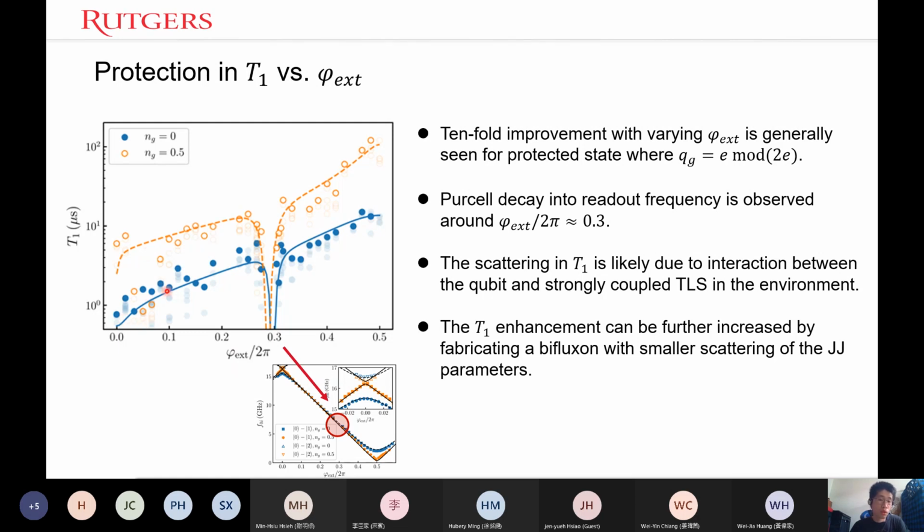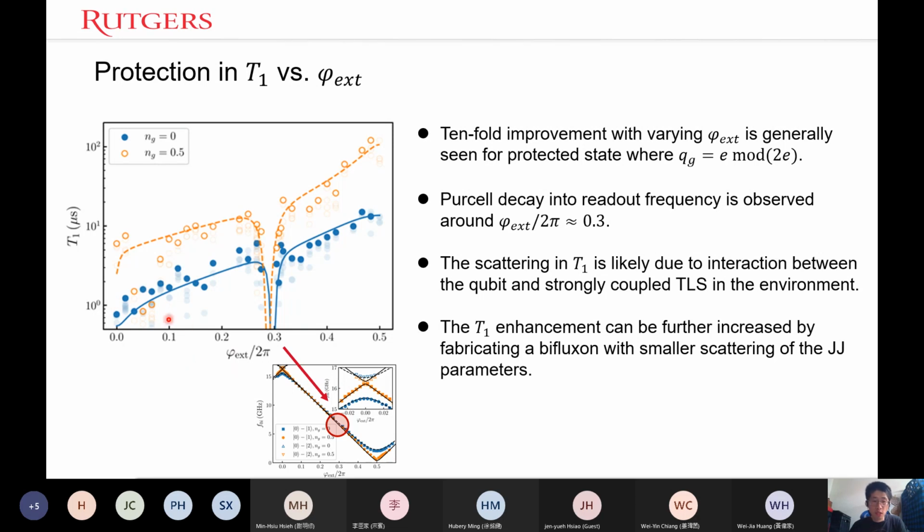But when we turn on protection, we can see that protection enables an order of magnitude increase in the T1 at any flux point.